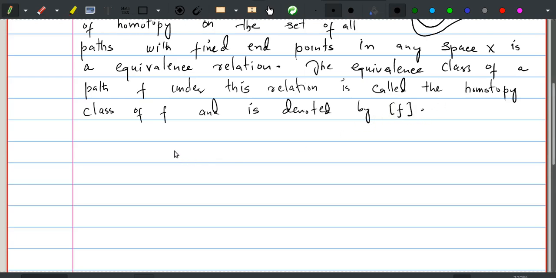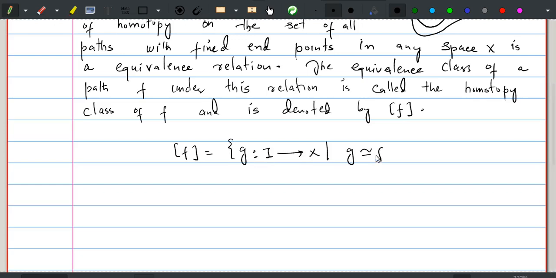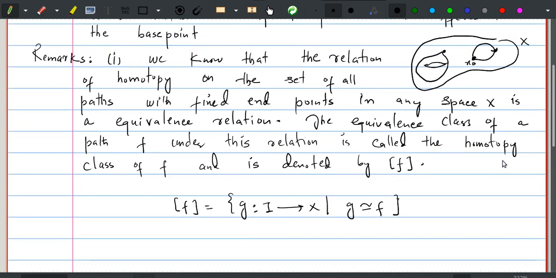This homotopy class of f contains all those paths in X which are homotopic to f. So if we consider, suppose this is path f here, the homotopy class of f is all these loops here.